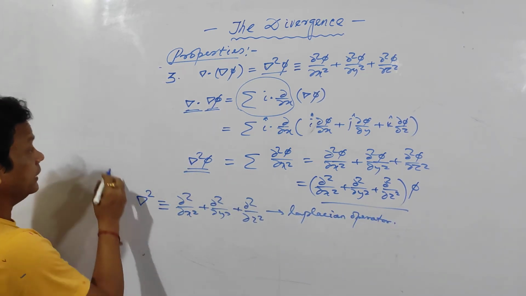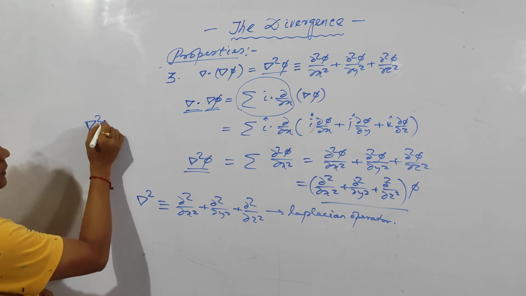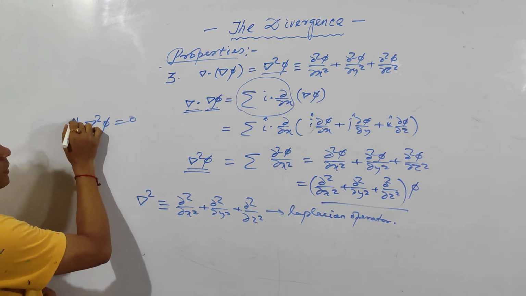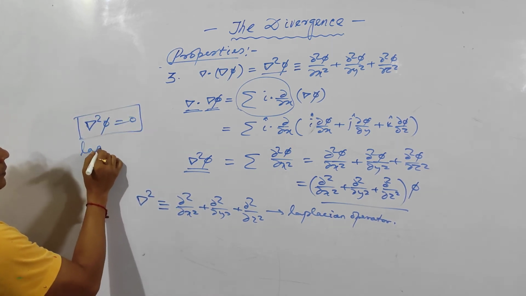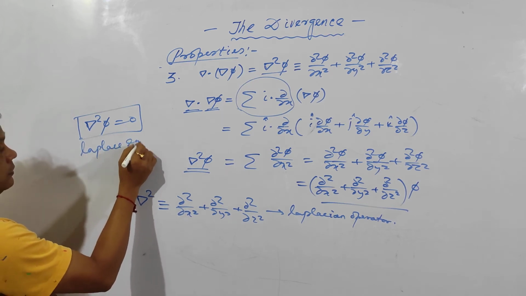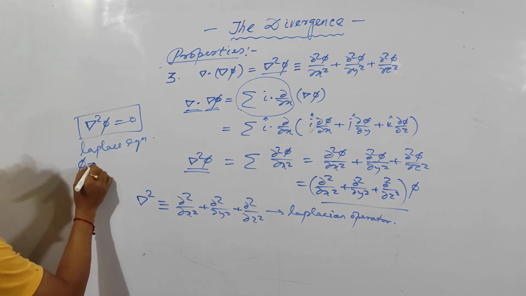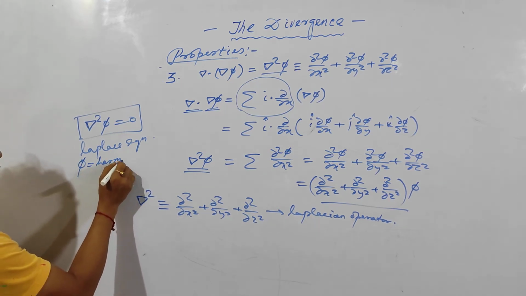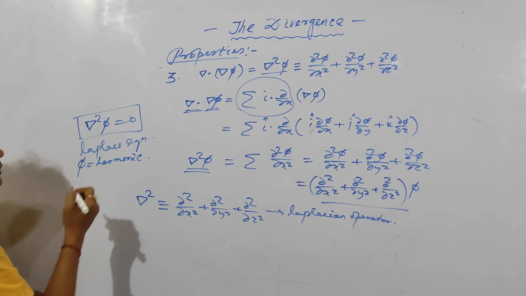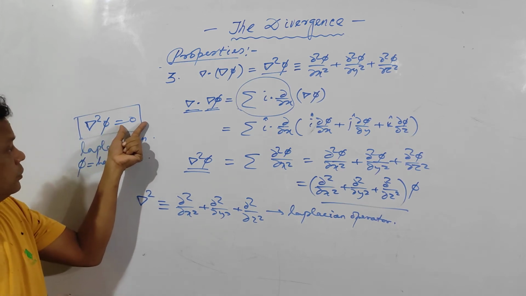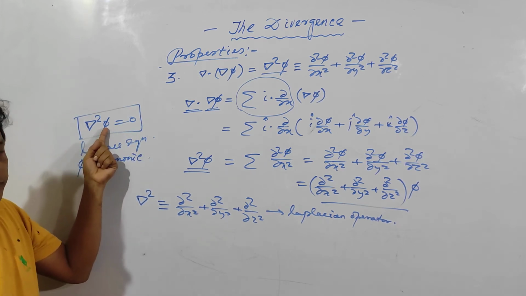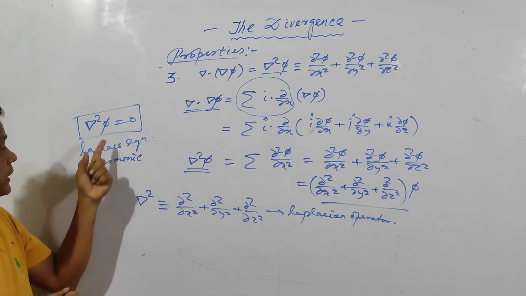And del square phi equal to 0 is called the Laplace equation, and here phi is called harmonic. See here, del square phi equal to 0 is the Laplace equation, and the scalar point function which satisfies the Laplace equation is called harmonic.